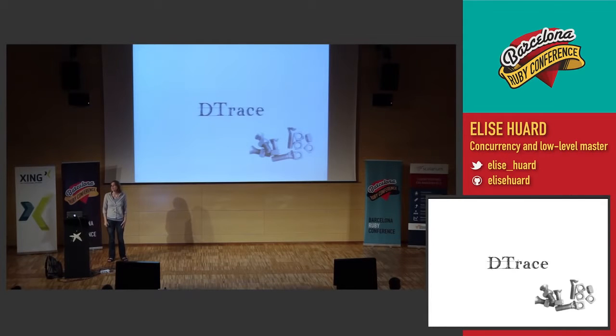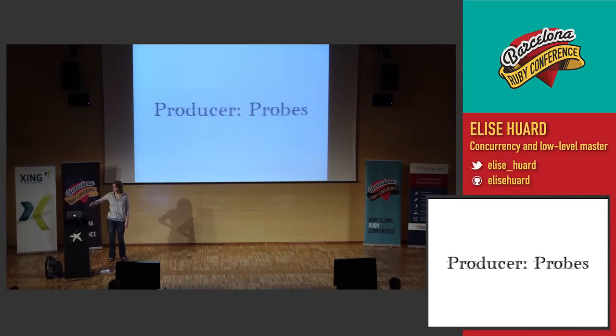Well, dtrace actually does that out of the box. So it turns out it's not that new an idea. On one side you have what you call probes. Probes have to be dynamically compiled into whatever program you're running, at C level, basically.